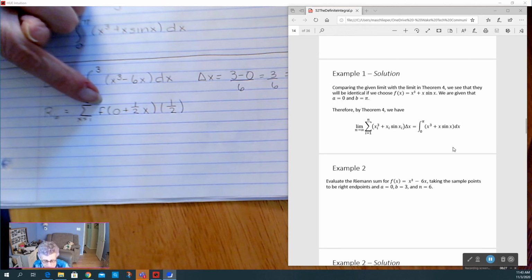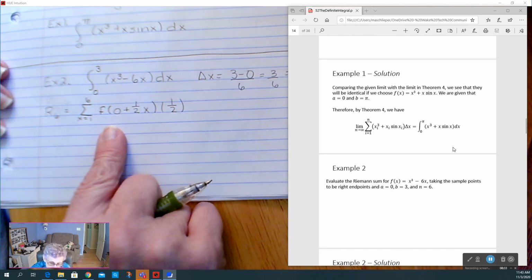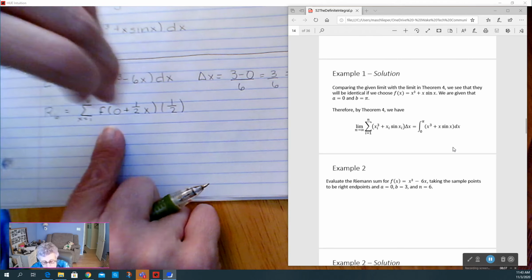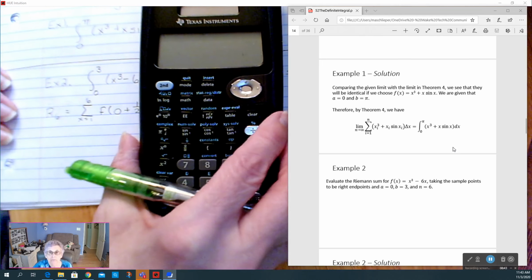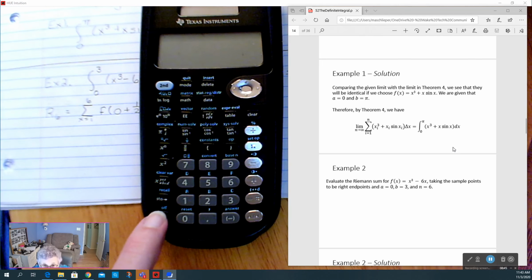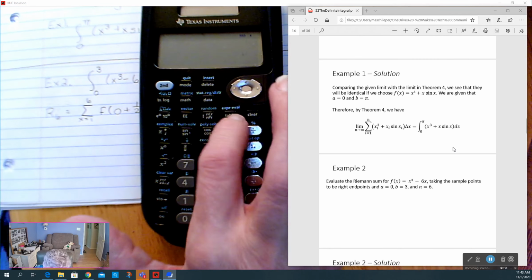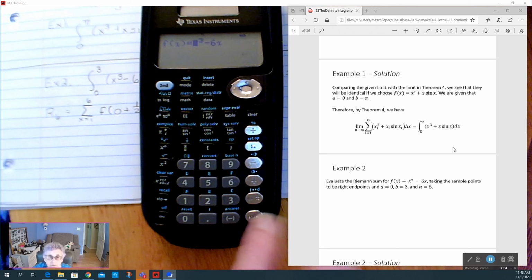Now I just used f of here because I find it easier to put my function into my table and just use that instead of trying to type the function into my sigma. So let's do that first of all. Turn my calculator on, and I cheated and did it ahead of time. So when I hit my table function, edit function, it's already there.